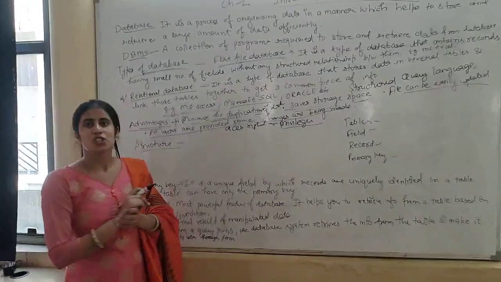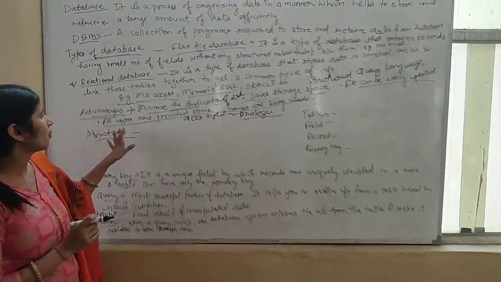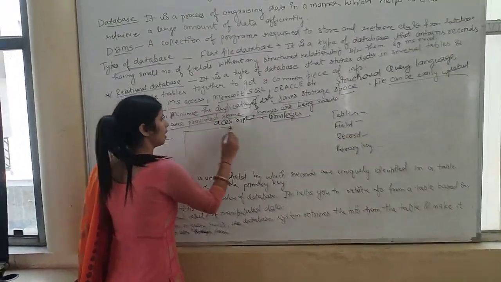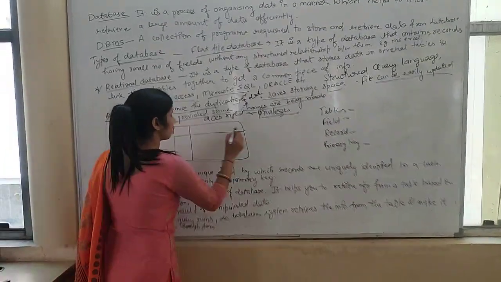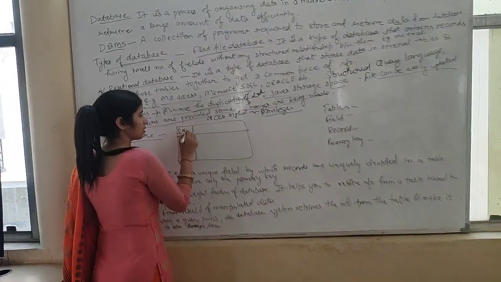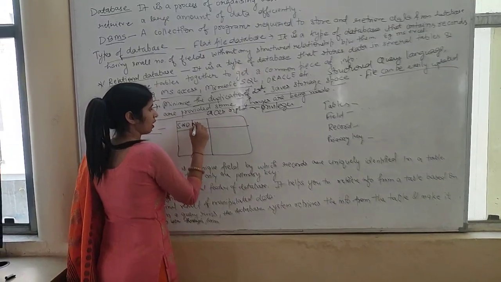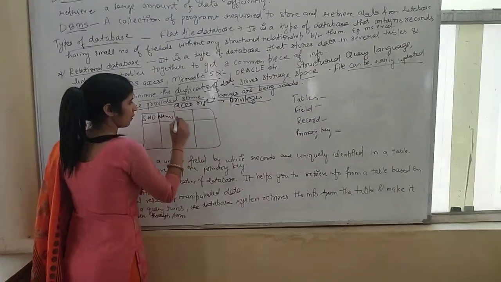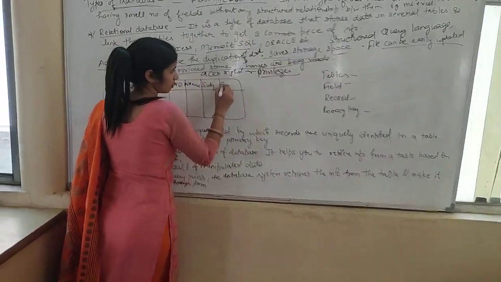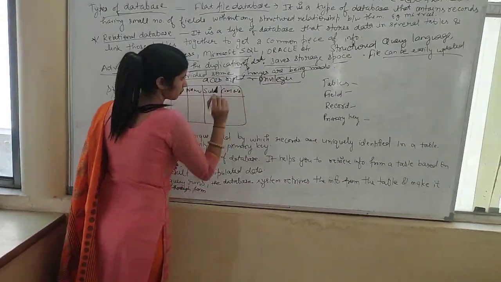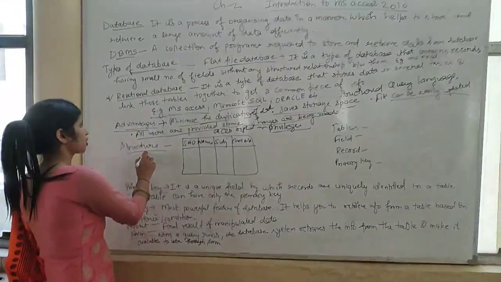Next is structure. What is the structure of a database? Normally when we have a structure, what is that structure? Suppose here we have a serial number, here we have name, here subject, and here contact number. This is the structure of a database.